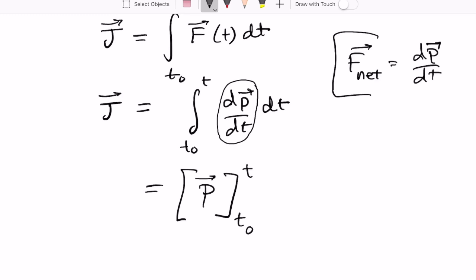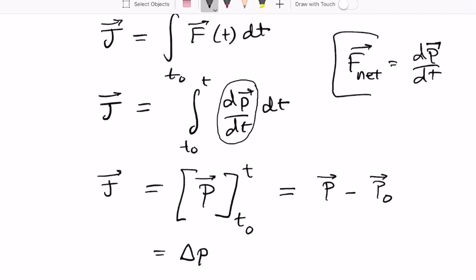So p evaluated between t initial and t final is just p final minus p initial, and that is the impulse J. So p final minus p initial is just the change in momentum.